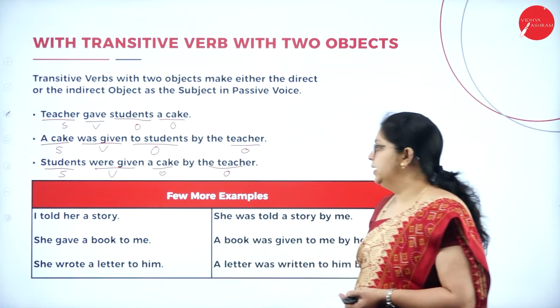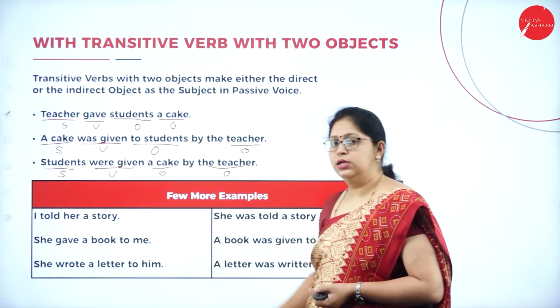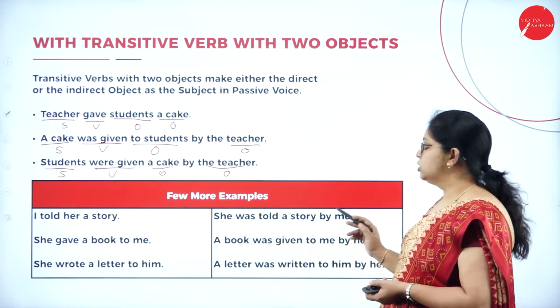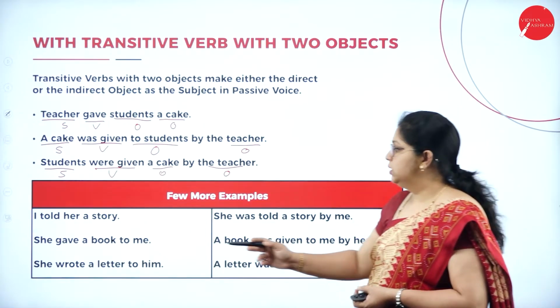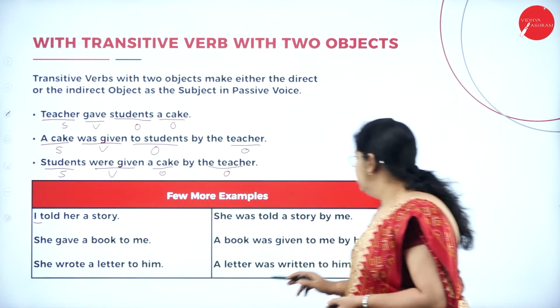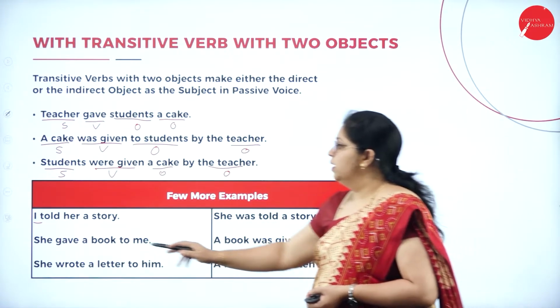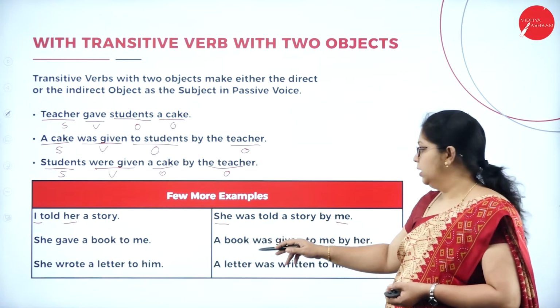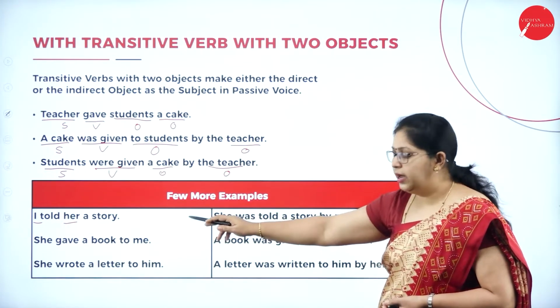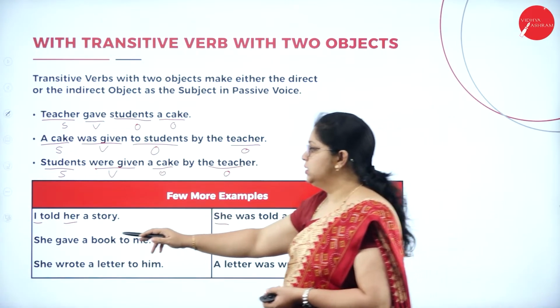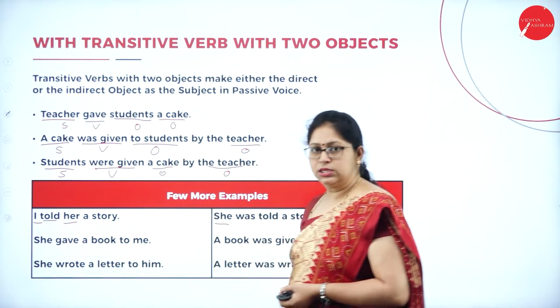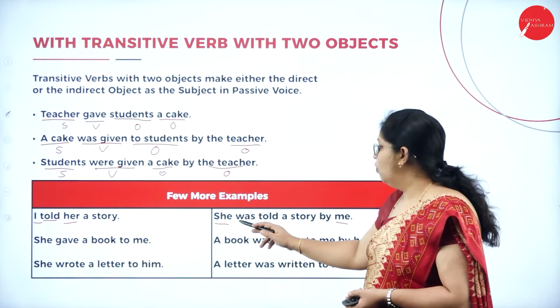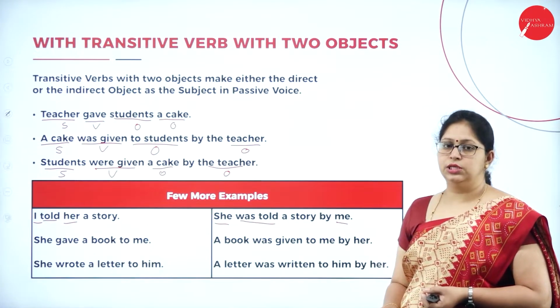Here are some examples. I told her a story. She was told a story by me. Okay. See, the subject I becomes the object. Her becomes she, the subject, correct? I told her a story. Told is the simple past form of the verb. Here was told, the past participle, is used.